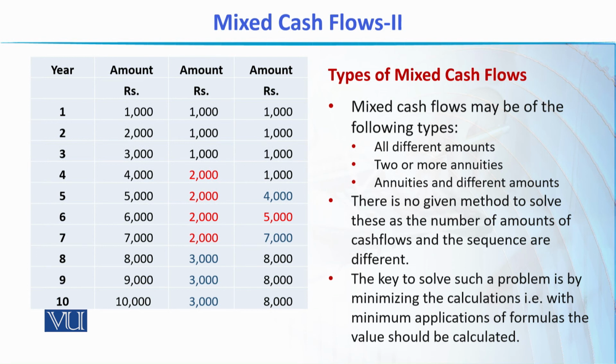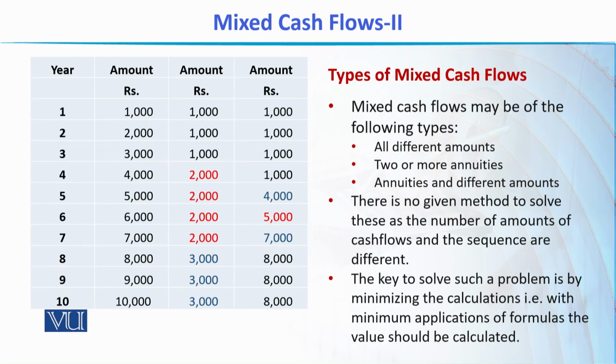That is, all the amounts are different, where every amount is a distinct amount in that series. Then where we have got just entities, 1, 2, 3, 4, and similarly, a combination of entities and individual single amounts.